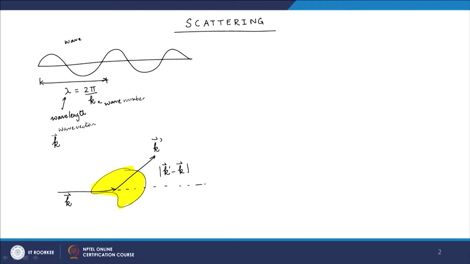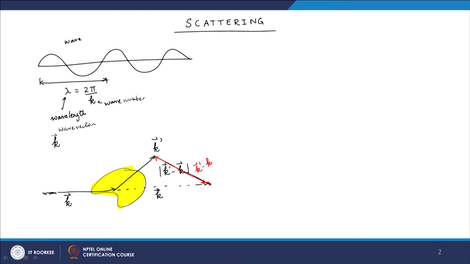I can reproduce a k here, and then using the triangle rule, this particular vector becomes my k prime minus k, actually the opposite of that.